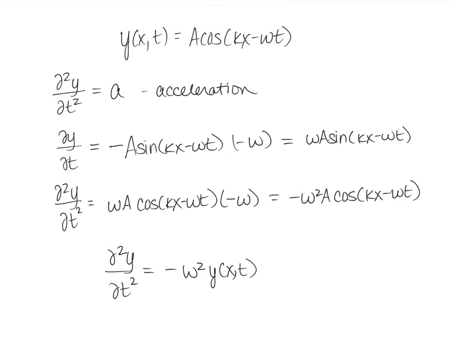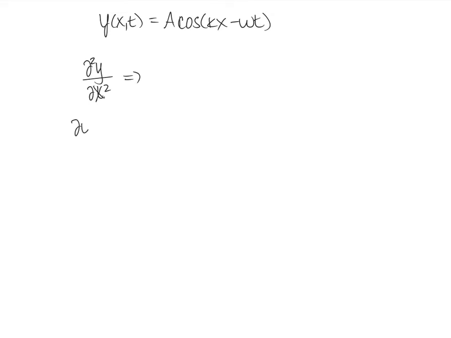Let's look at the other derivative. I'm just going to write this again to remind us that this is the expression we're taking the derivatives of. Now we want to find the second derivative with respect to x. First we have to take the first derivative.